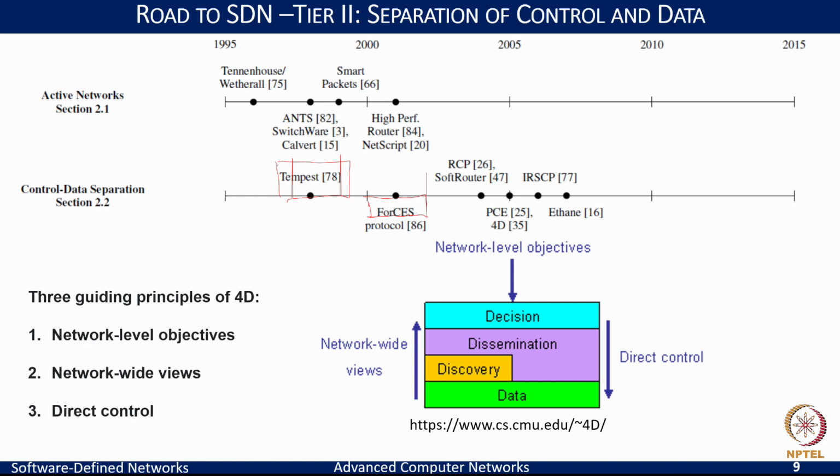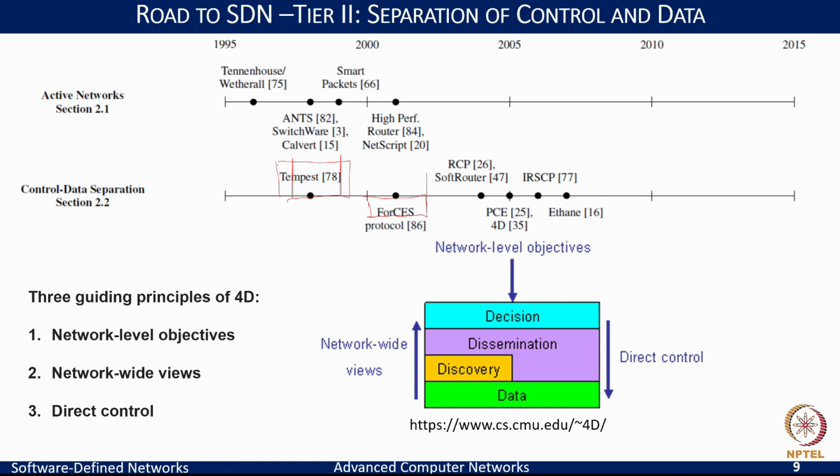And to assure meeting them, what you really need is a network-wide view which is timely, accurate, and able to provide the precise characteristics of what's happening at each of the links or the topology of the network.